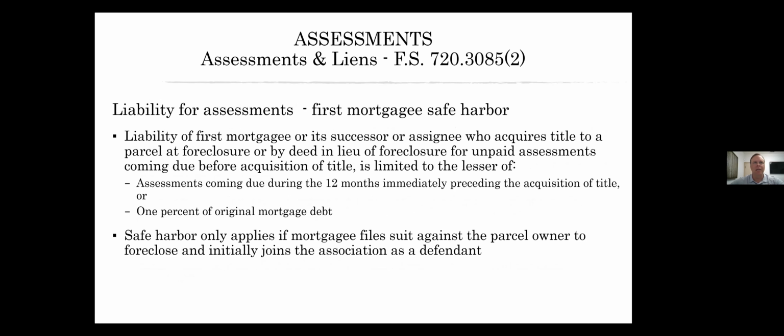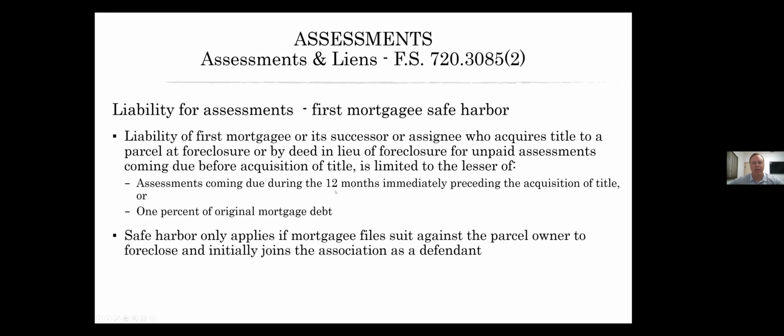If a mortgage holder forecloses its mortgage and takes title to a property and there were a bunch of past due assessments, the bank or the lender, the first mortgage holder, only has to pay the lesser of the assessments that came due in the previous 12 months immediately preceding the acquisition of title, or 1% of the original mortgage debt. So this is a protection usually given to banks who hold the first mortgage, so that if somebody hasn't paid their assessments for 3 years, for example, the bank will only have to pay the past 12 months. So it's a protection for them.